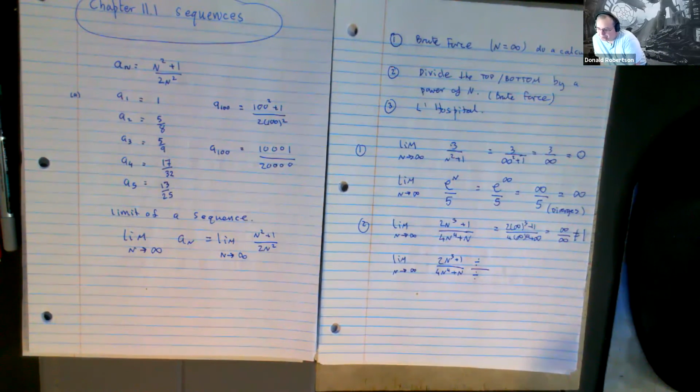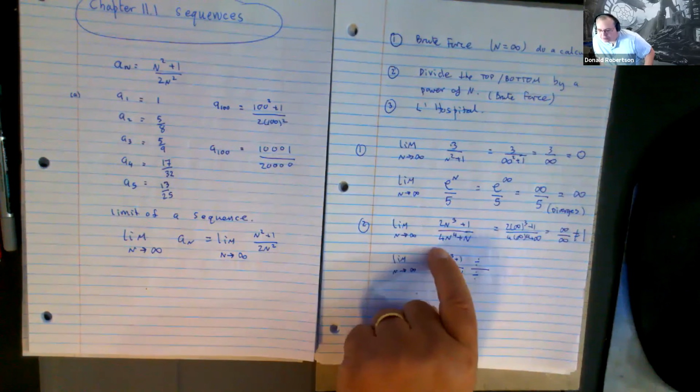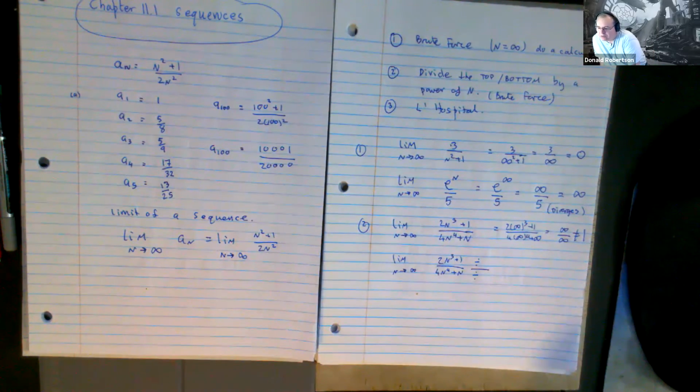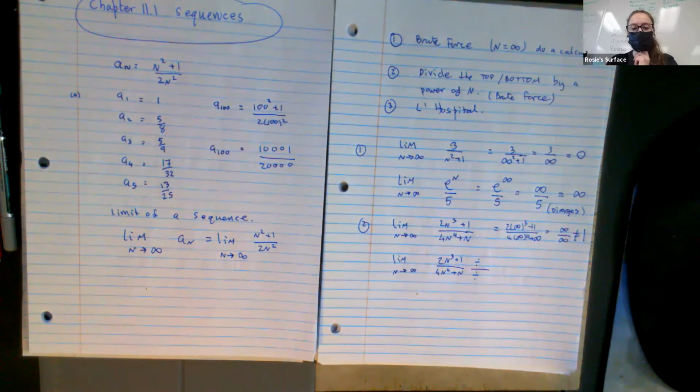Okay? By the same power of n. So you look at the highest power on the top, which is n cubed, and you look at the highest power on the bottom, which is n to the 4, and one of those you should choose. Which one do you want me to choose? n cubed or n to the 4? Is it n cubed? Yes.